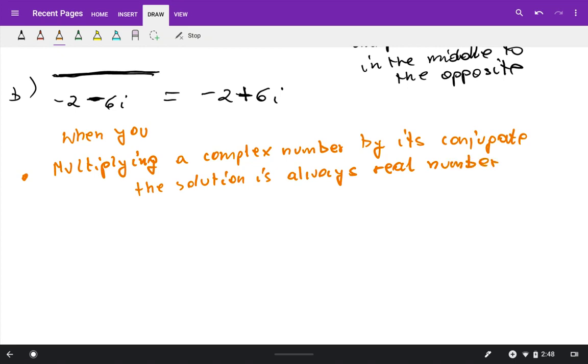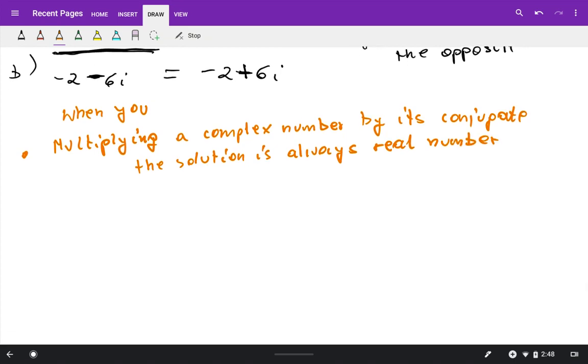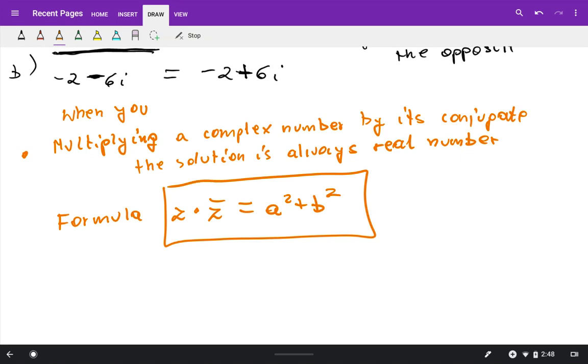You can use the formula that complex times conjugate is just a squared plus b squared. Go ahead and use that formula all the time when you multiply a complex number by its conjugate, where z is equal to a plus bi and the conjugate is a minus bi.